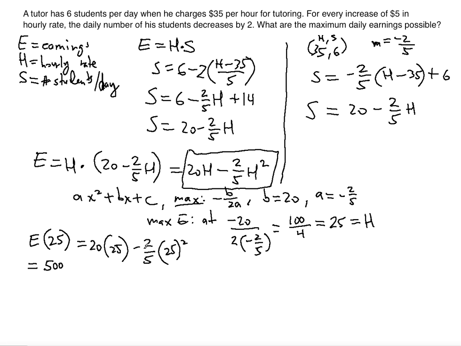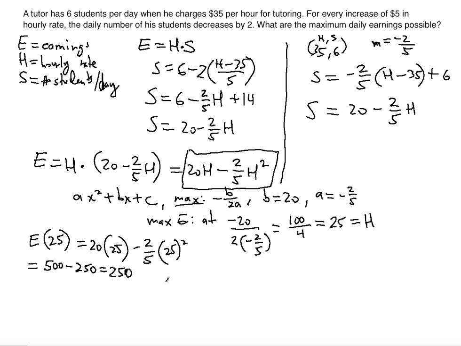So it's 125 times negative 2 is negative 250. So that result gives us 250. So $250 will be the maximum earnings amount per day, okay? When he has, so he has to have $25 per hour as his rate for tutoring in order to get the maximum earnings amount, which is $250, okay?